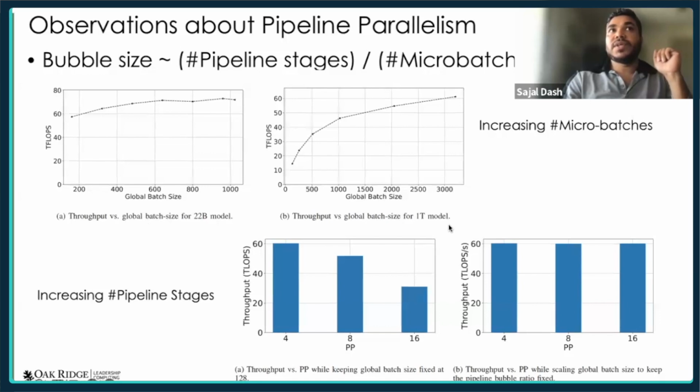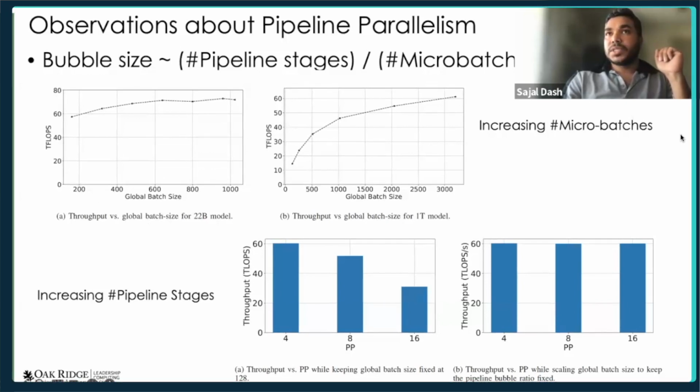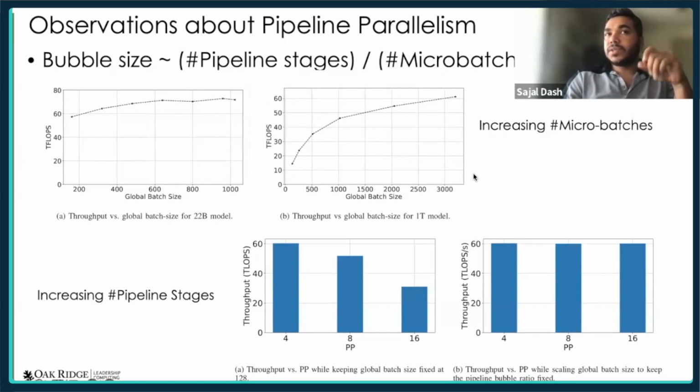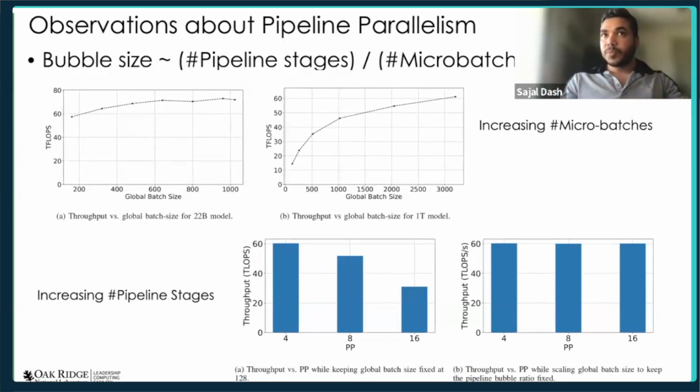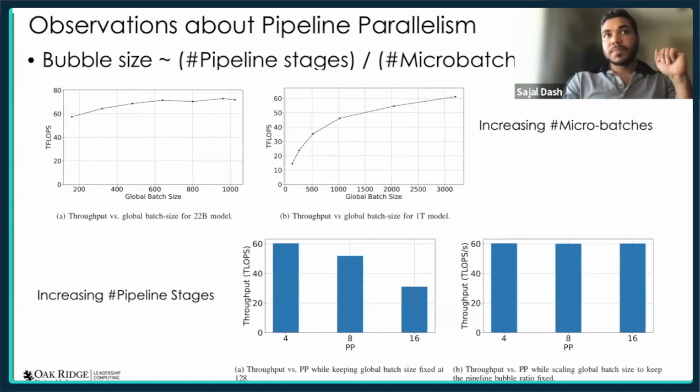If I fix the number of pipeline stages but keep increasing the number of micro batches, I see that the throughput goes up. Eventually it saturates, but the indication is that if you can use a really large global batch size or a really large number of micro batches, pipeline parallelism can give you good relief from the throughput deterioration.